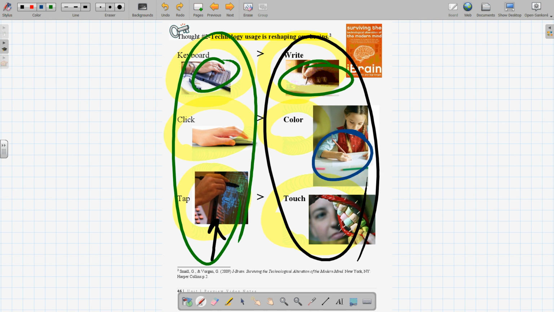Physically coloring with multiple colors on a piece of paper or doing clay work uses more neurology than clicking on stuff. And making physical models of science experiments, physical models of other items, 3Ds, things you can get your hands on, gives you more of a context than simply tapping on screens. Digital technology is changing the way your brain processes information, and for the most part, it's not for the better.